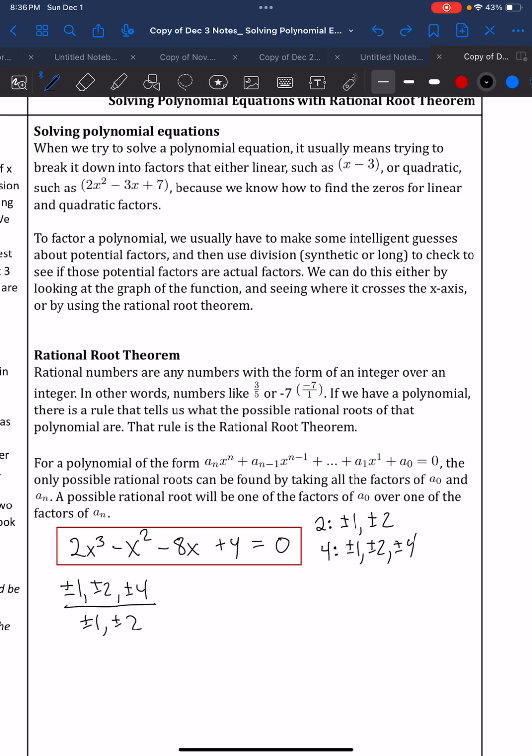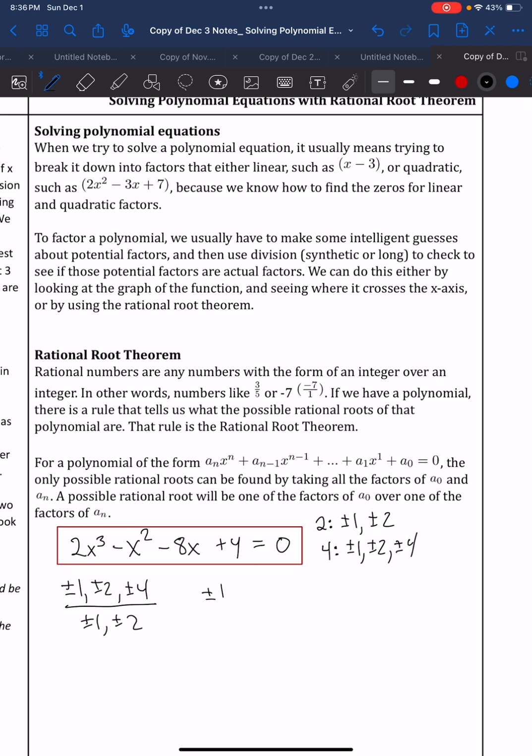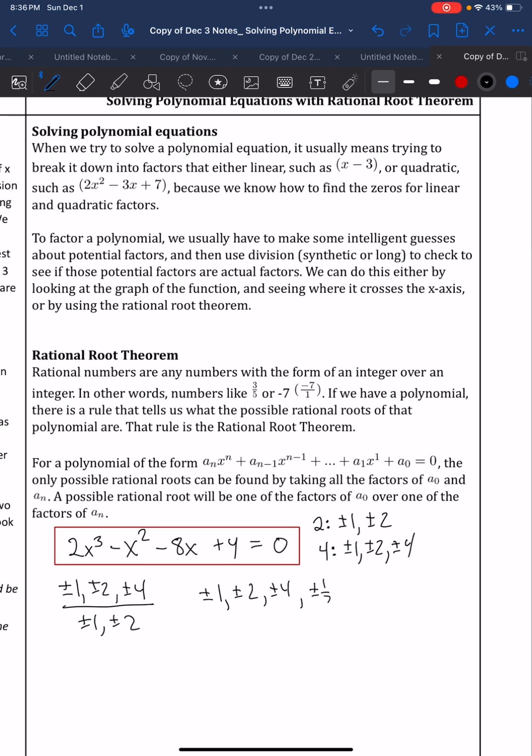So that means we could have 1 over 1, 2 over 1, or 4 over 1. Or we could have 1 over 2, right? Or we could have 2 over 2, but that's just 1, or 4 over 2, and that's just 2. So this is all of the possible rational roots.